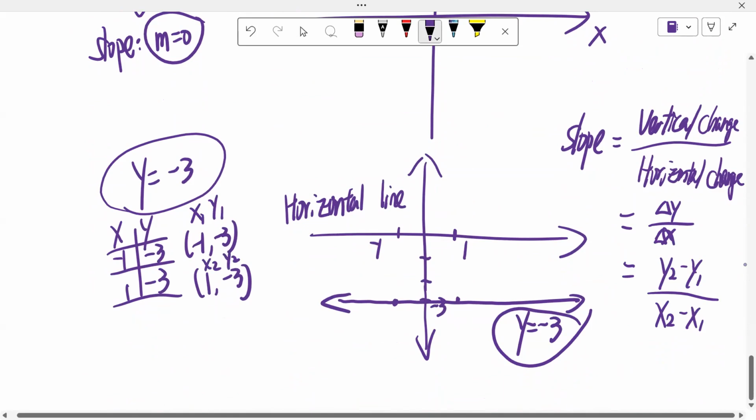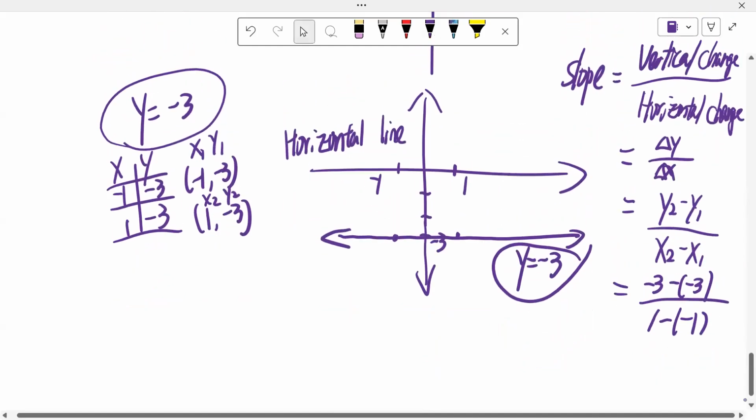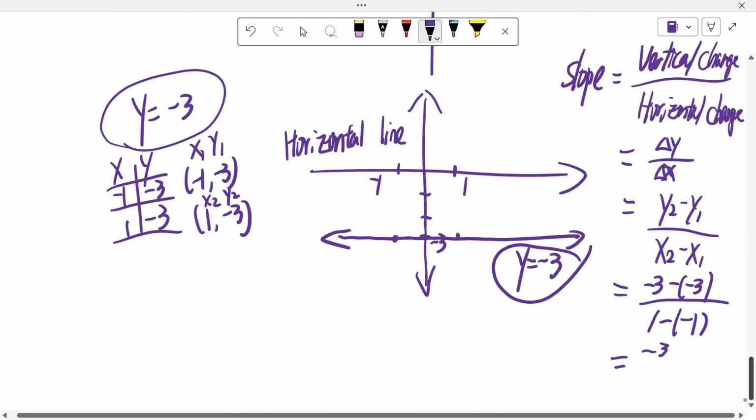Because y1 and y2 are the same, we get -3 minus -3, and the x value is 1 minus -1. So that is horizontal change, but there's no vertical change because -3 plus 3 gives us 0, over 1 plus 1 is 2. So it's 0 over 2, which is 0. That's why for all horizontal lines, slope is 0.